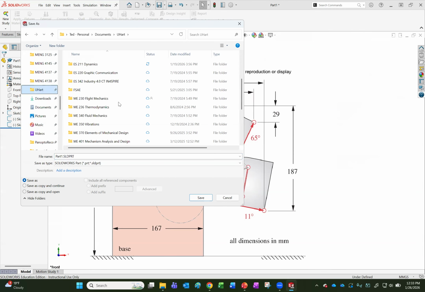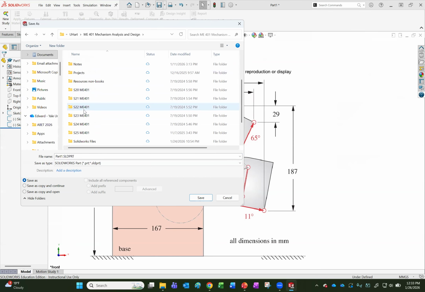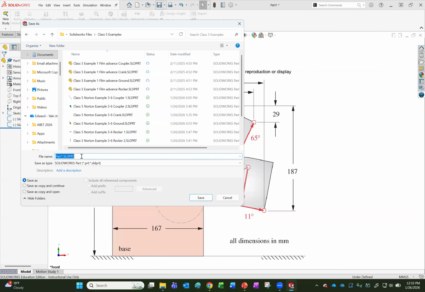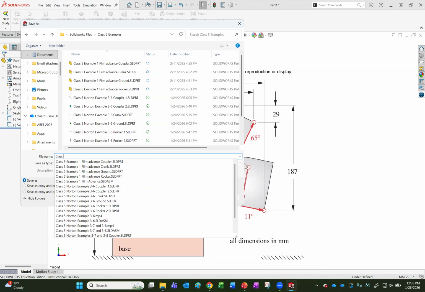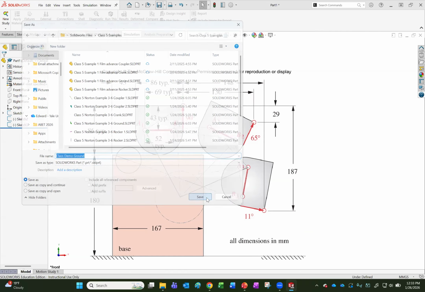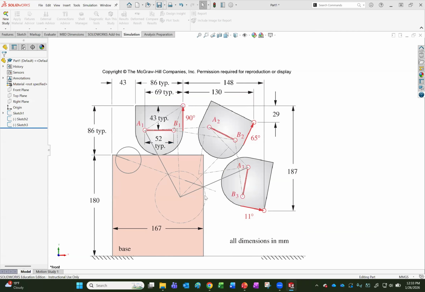Unfortunately, I still haven't moved it over from the University of Hartford SolidWorks. I will at some point. So this is class five. So I'm going to go class, demo, and ground. So I'm going to save it five. Well, I'm going to save it once, and then I'm going to save as five times, and leave it open.